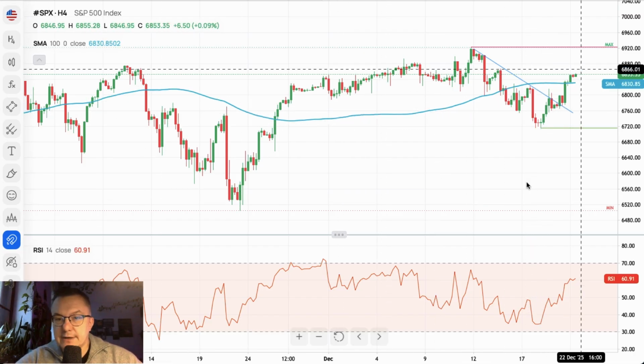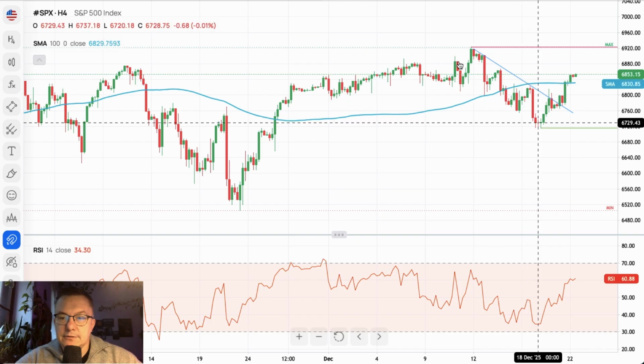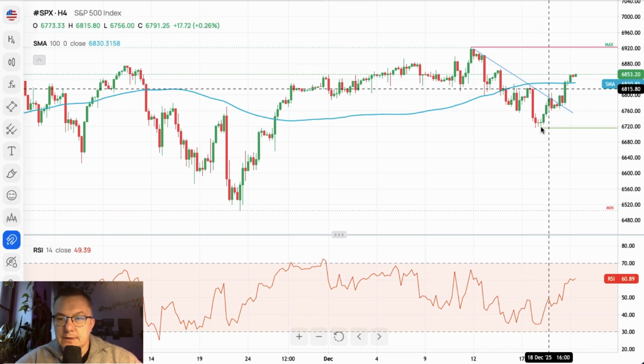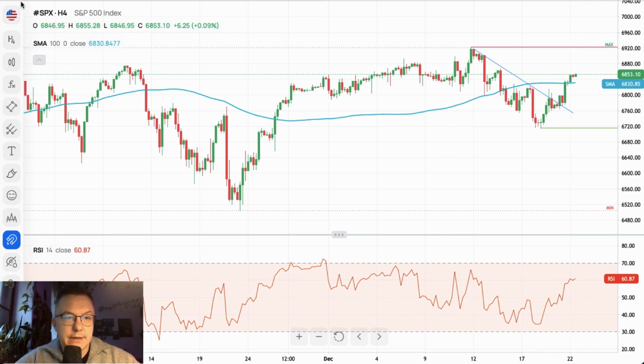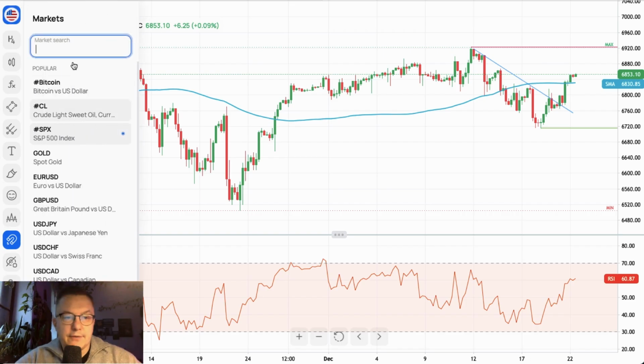Nevertheless, bulls are trying to move higher after this correction to the downside. Local technical support might be seen at the level of 6,815. As long as we stay above the level of 6,830, this is the 100 periods moving average, the outlook remains bullish on S&P 500.